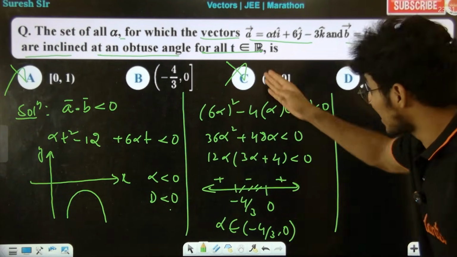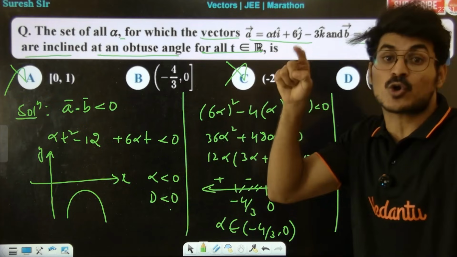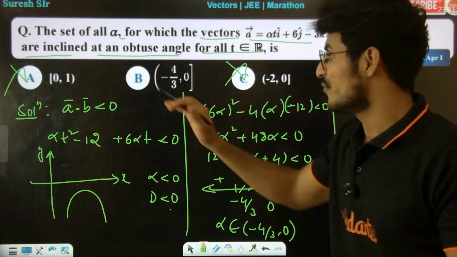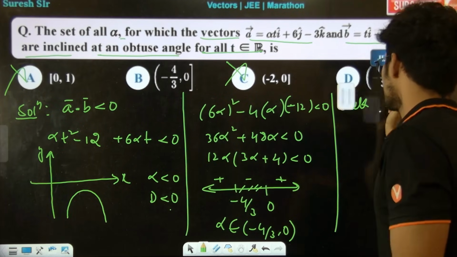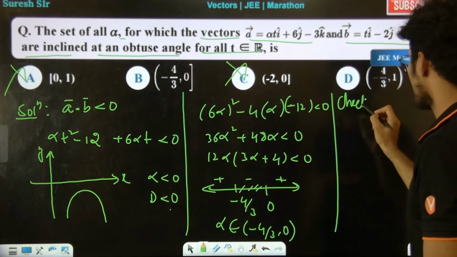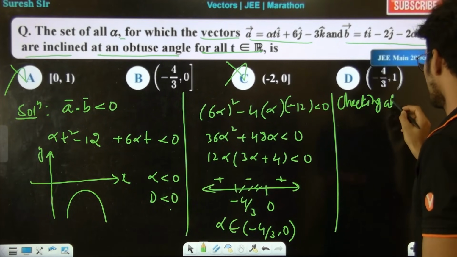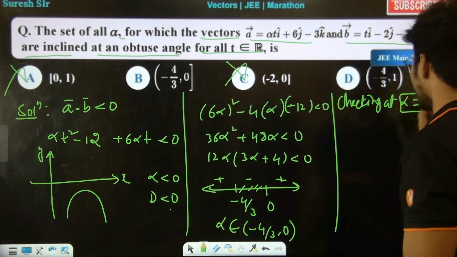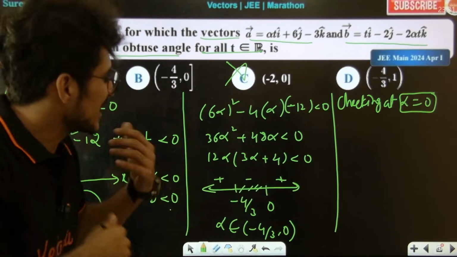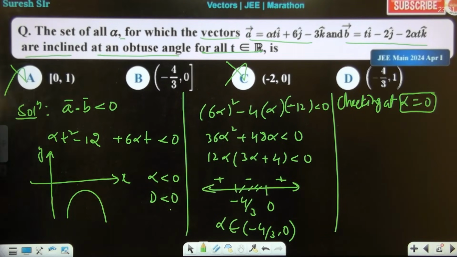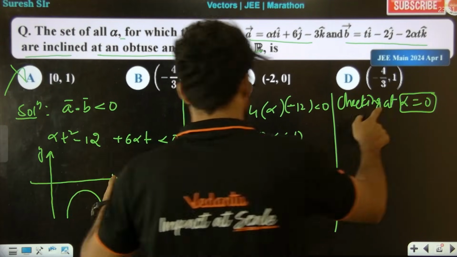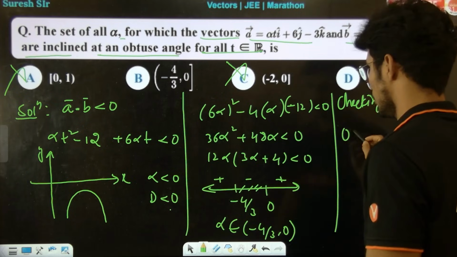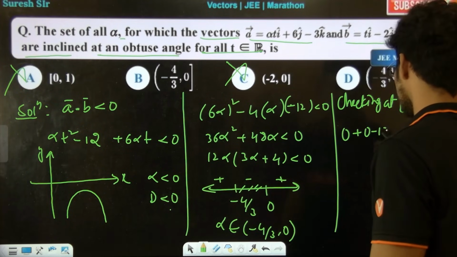0 is open, but in the option 0 is closed. So we need to check the value at alpha equal to 0. If I put alpha value 0 in the quadratic, it becomes 0 plus 0 minus 12 less than 0.